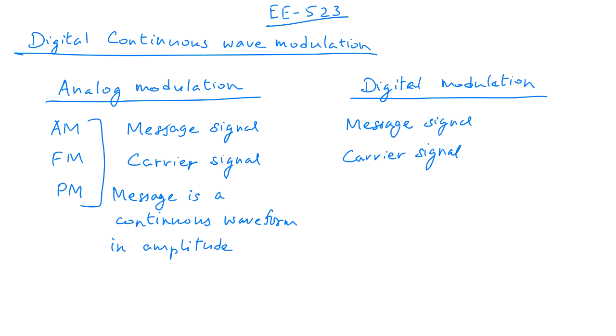In digital modulation, the message is a pulse waveform.